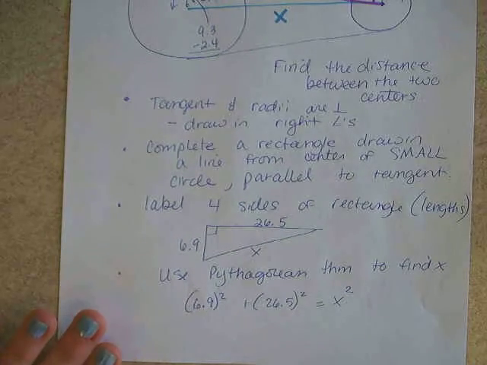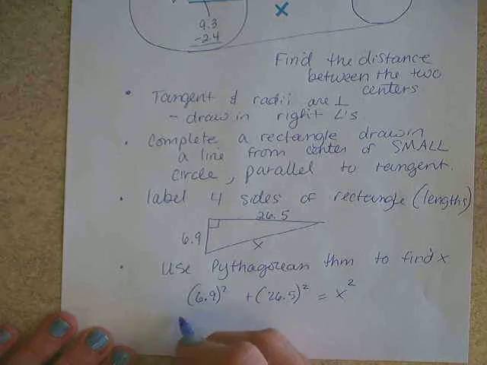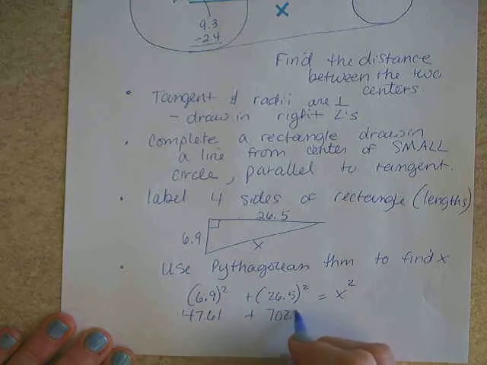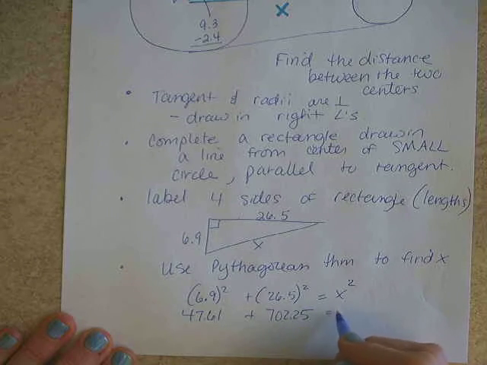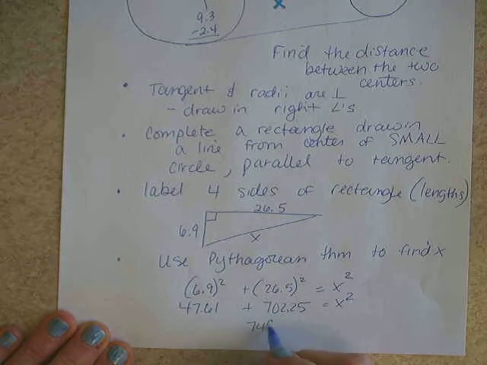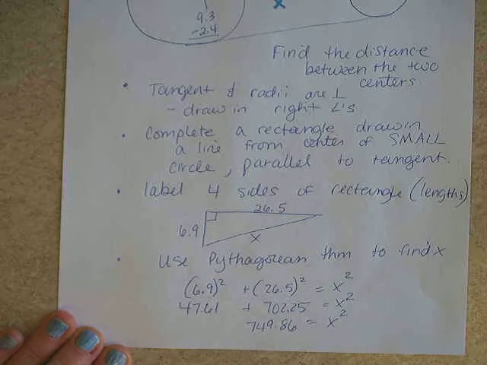So we're going to do 6.9 squared plus 26.5 squared equals x squared. So this would be 47.61 plus 702.25 equals x squared.